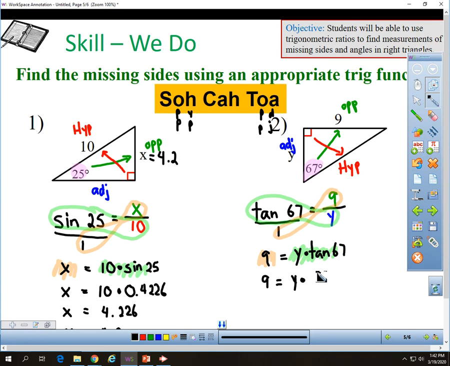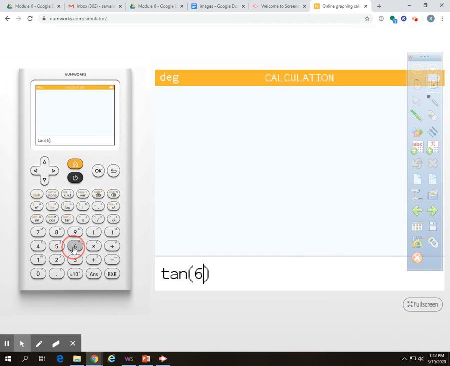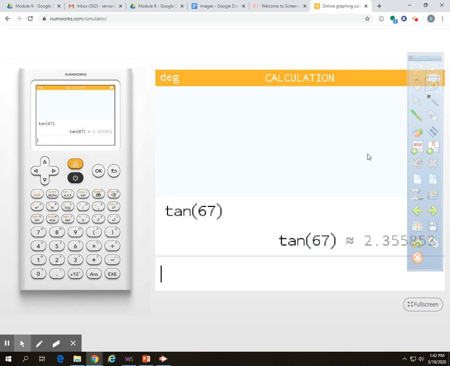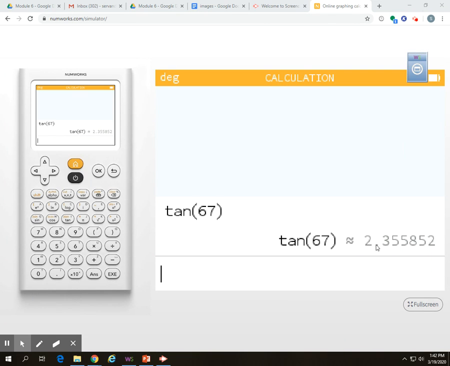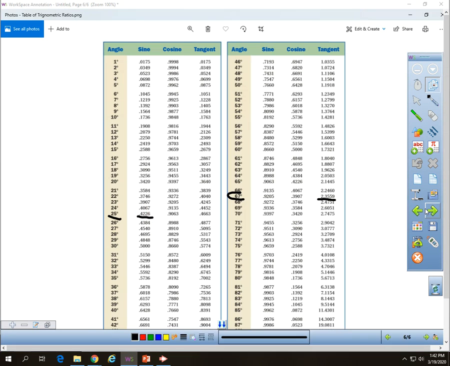So instead of tangent 67, I will write 2.3559. Using the calculator, we still write tangent of 67 equal, and that gives us 2.35585. We round this to 2.3559, just like we got from the table.